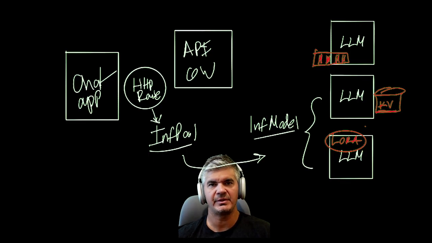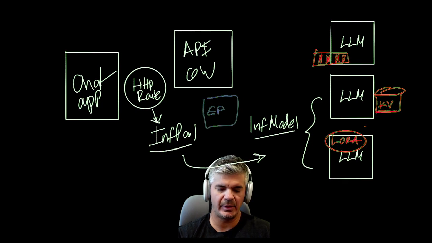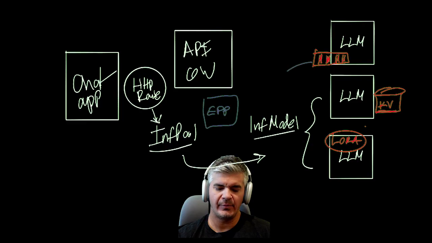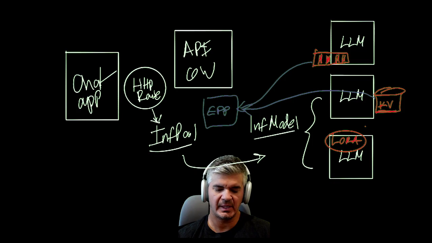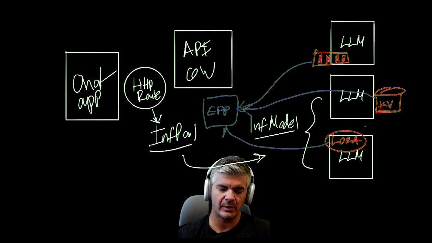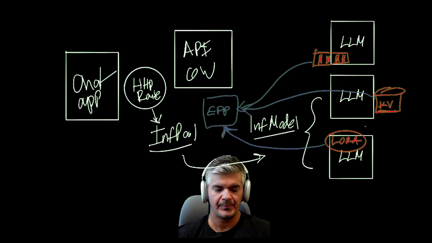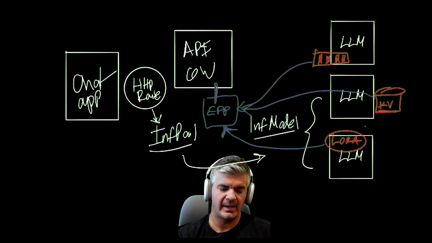But an important piece to this puzzle is this component, the endpoint picker. This endpoint picker is aware of things like the workload queues, the KV caches, which LoRA adapters are loaded into which models, things like GPU utilization, things like request criticality, and that interacts with the gateway.